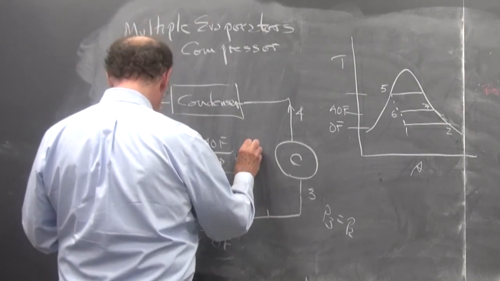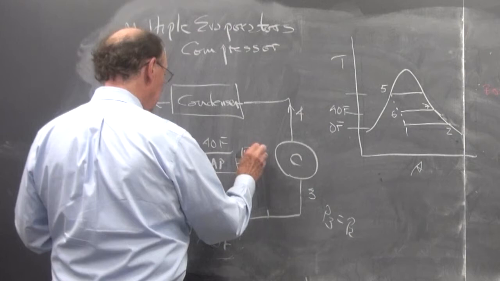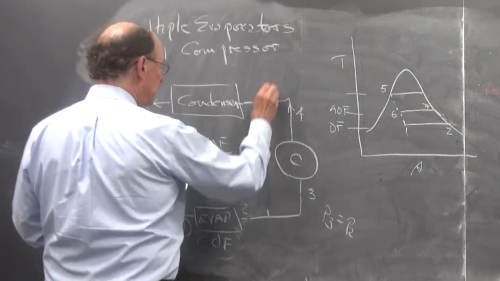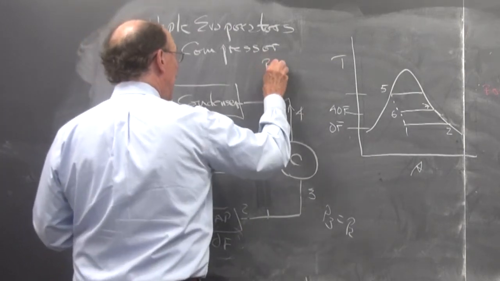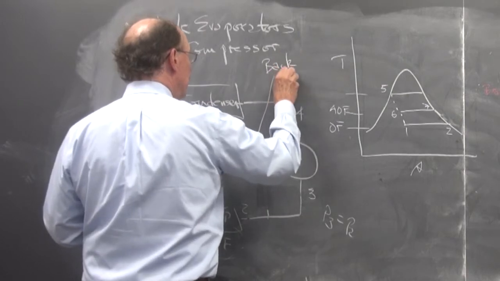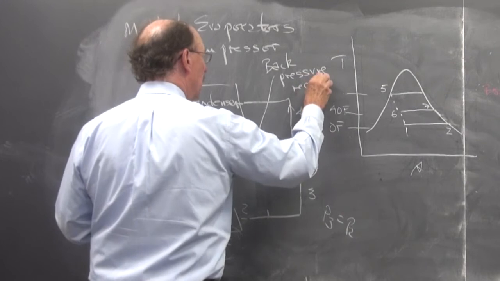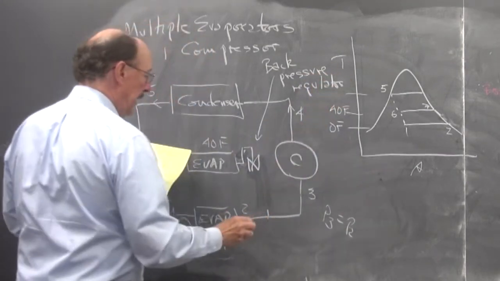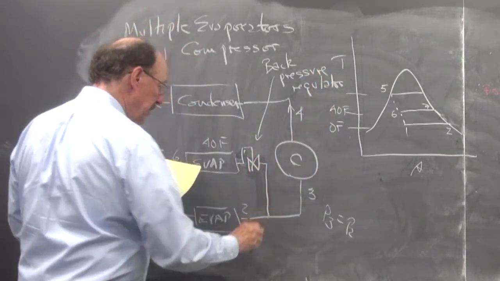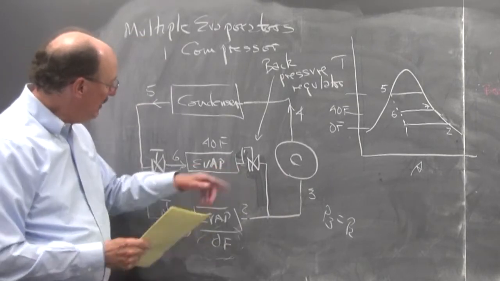So I put a valve in here, and this is the back pressure regulator. Coming out of here, it maintains the pressure.